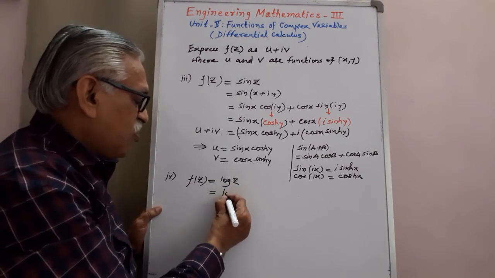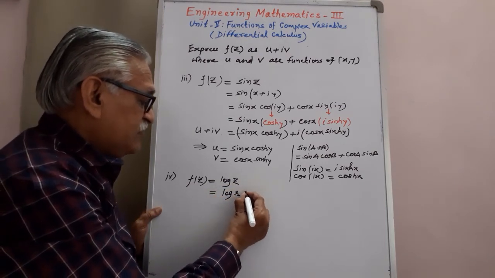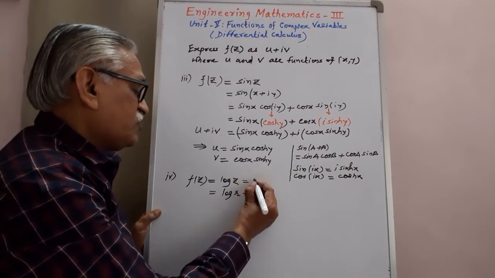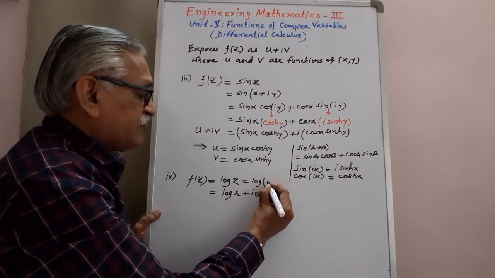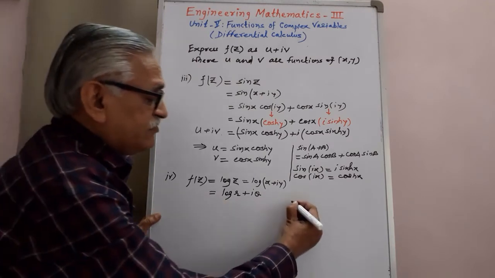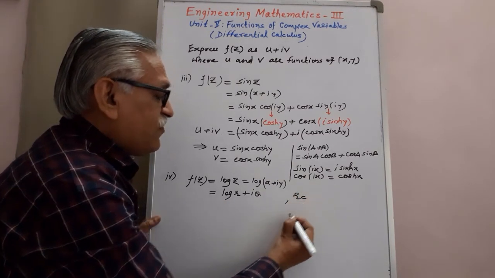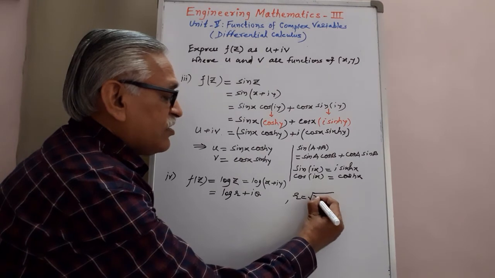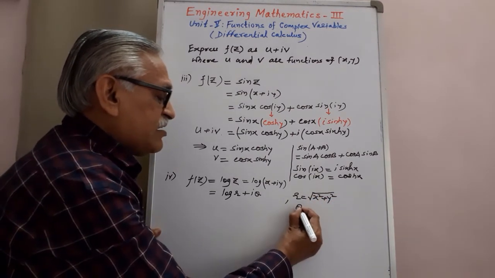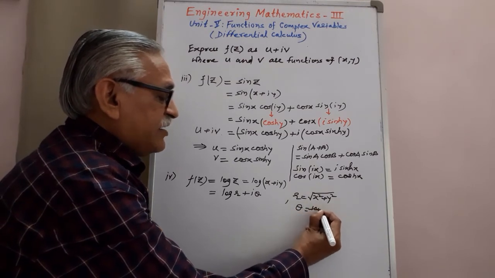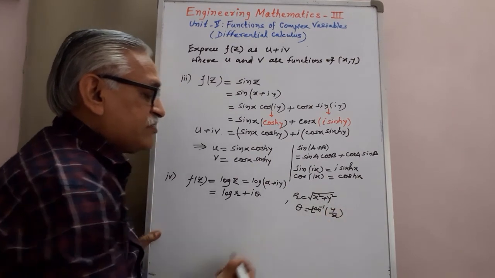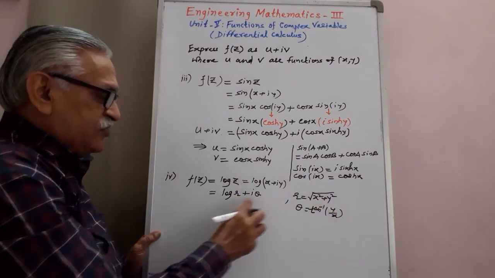Log z is log r plus i theta, and this is equal to log of z. z means x plus iy, where that value of r is root of x square plus y square, and theta is tan inverse of y by x.